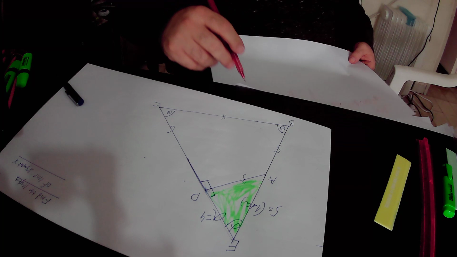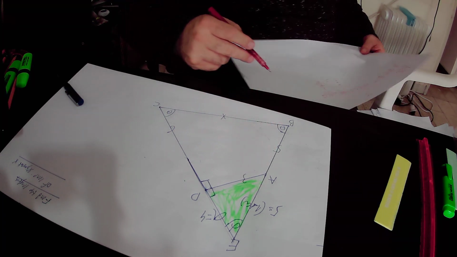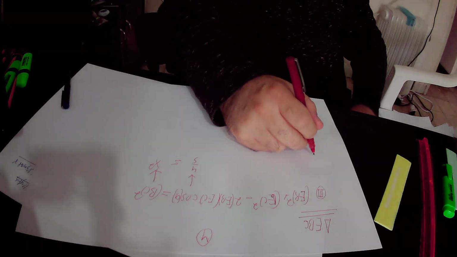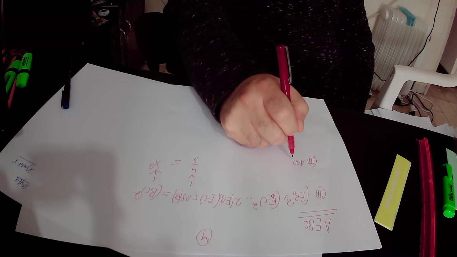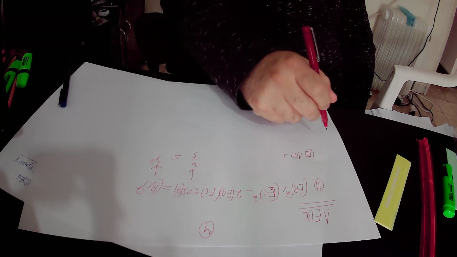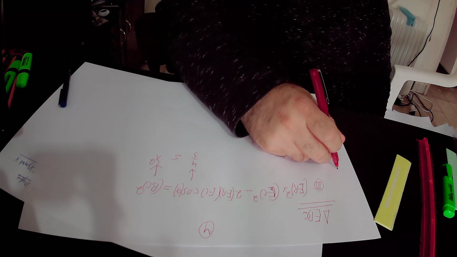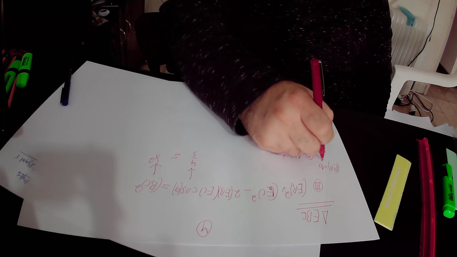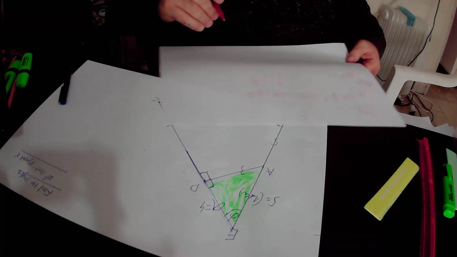EB equals 5 plus 5, that is 10. So EB squared is actually 10 squared, that is 100. So EB equals 10 units, I'll write it down. What is the length of EC?